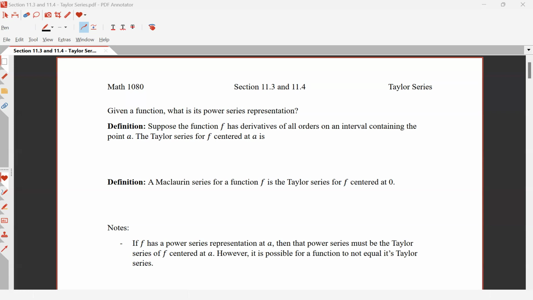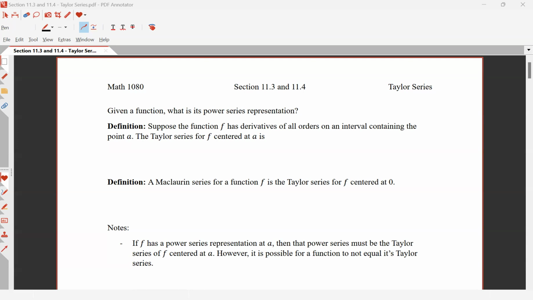In 11.1 and 11.2, when we were approximating functions and looking at power series, there was this connection that functions can be represented by a power series. And now we're actually asking the question, what is the power series that we can represent a function with? That power series has a special name and is known as the Taylor series.